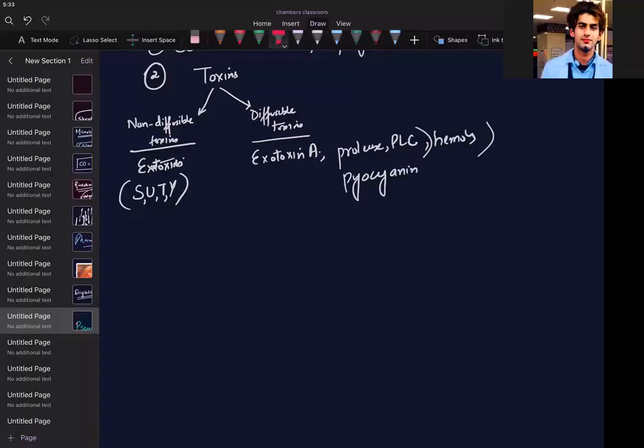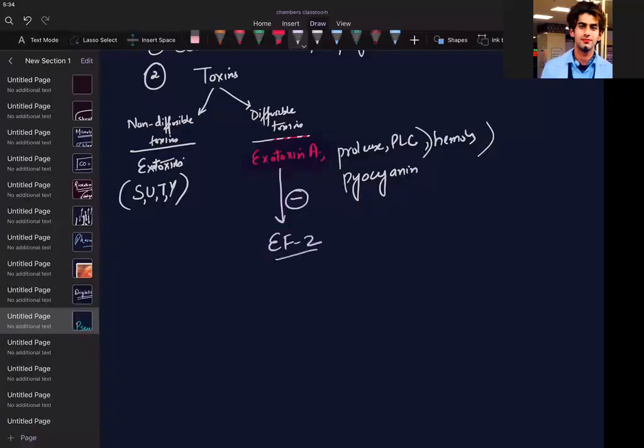What is more significant about exotoxin A? Exotoxin A is basically going to do all the pathogenesis. Like the diphtheria toxin, how it was inhibiting elongation factor 2, in the same way this exotoxin A of Pseudomonas will be inhibiting elongation factor 2.